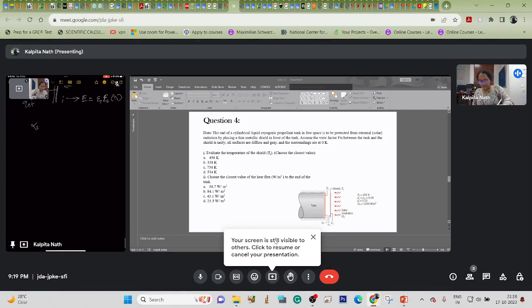Now alpha G_S minus epsilon 1 E_b(Ts) minus Q_ST double dash is equal to 0.